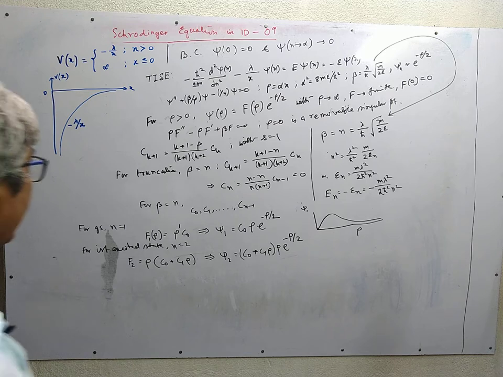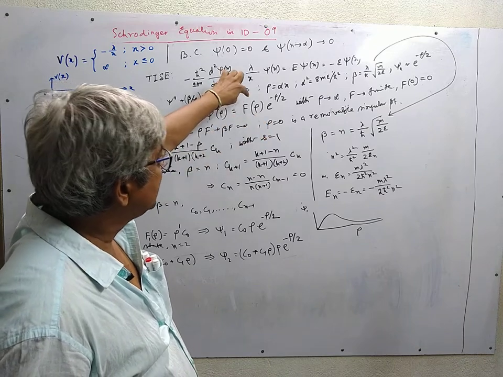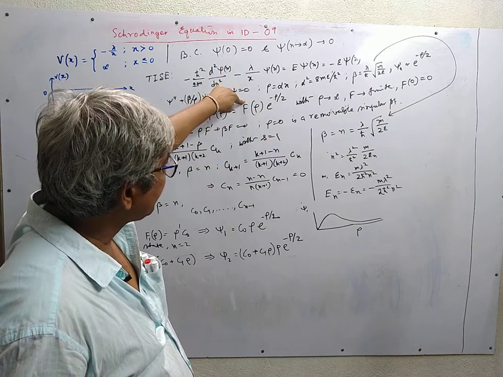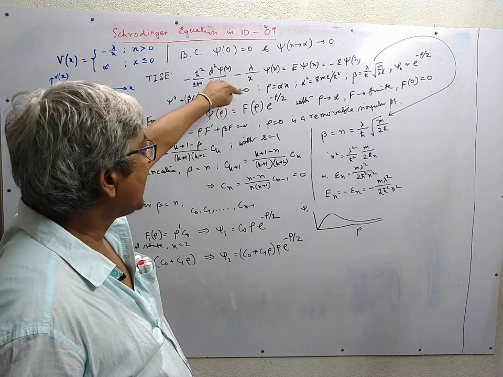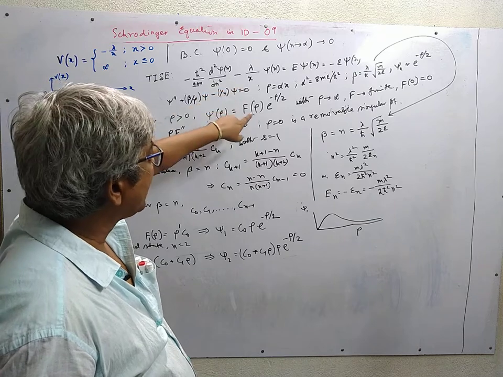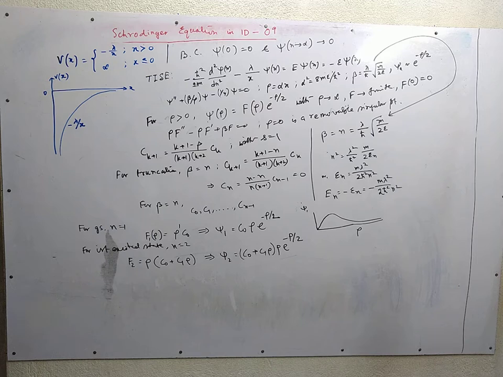Then we go for a trial solution, and we impose the condition on the unknown function, which is most likely a polynomial, and we find the differential equation for it and check the convergence of the infinite series solution. We see that for convergence the series has to be truncated, which leads to quantization, and the quantized energy values and the wave function will be obtained.